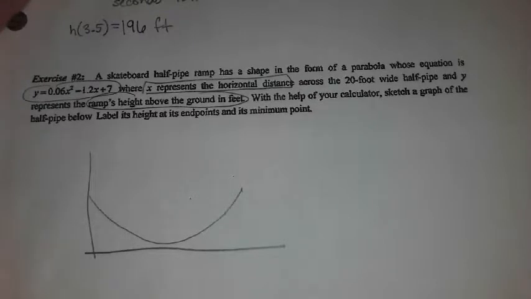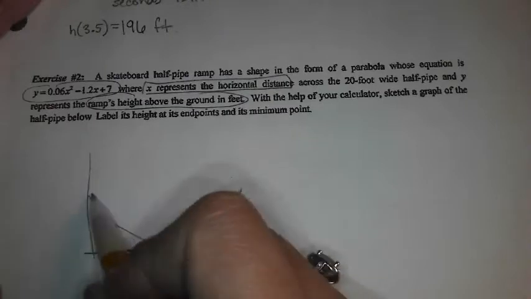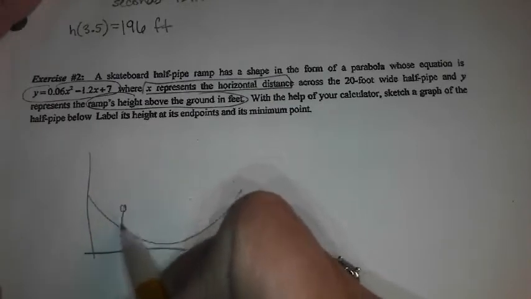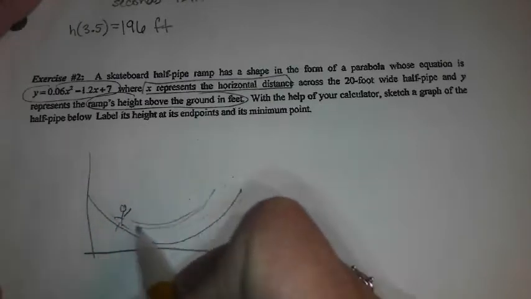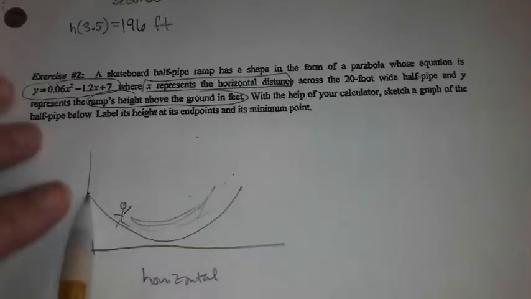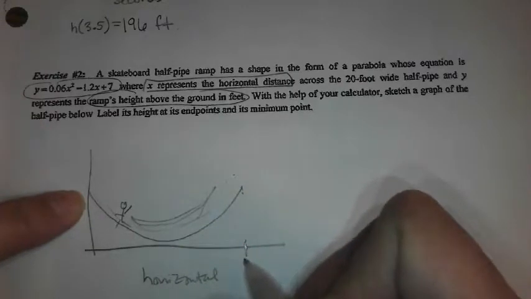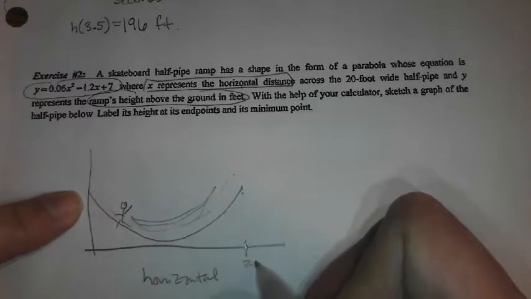And this is the horizontal distance. Someone's skateboarding up and down this. Horizontal distance across. Now the overall width of this is 20. And then this is our vertical height.